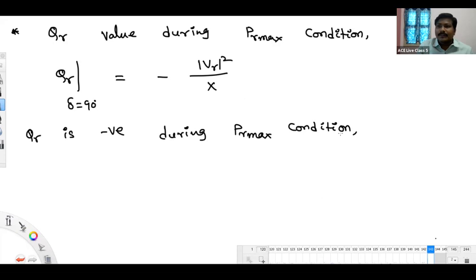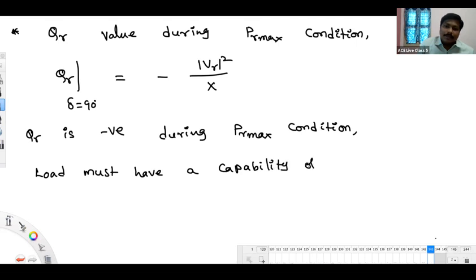QR is negative means what? The load we are keeping at the receiving end is absorbing negative reactive power, which means the load is delivering reactive power. So the load must have a capability of delivering the reactive power.